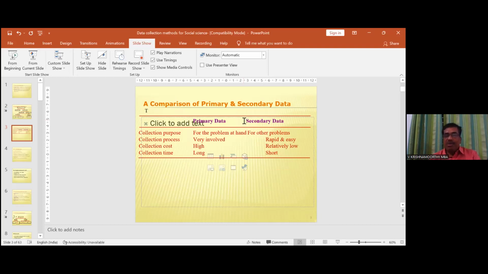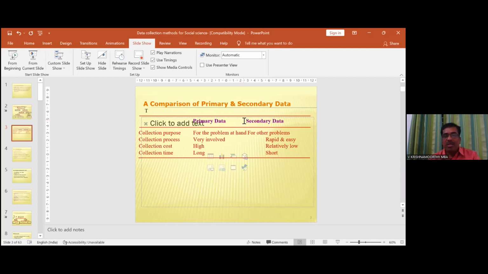Even for information, there is a database, CMIE, Centre for Monitoring Indian Economy. Then they have another database called PROWESS. For example, you like to collect 40 years of dividend history of a particular organization. You can collect it within a minute.